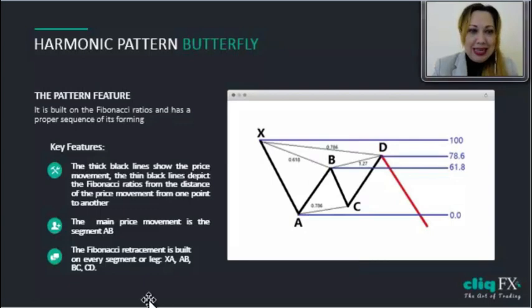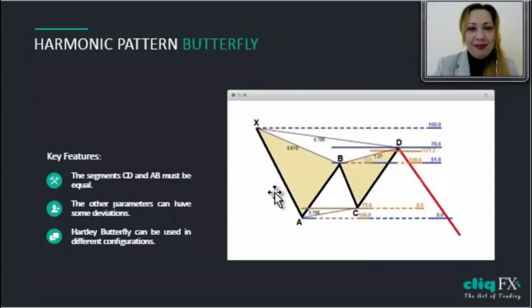Now the important details. The key point of the pattern formation is the equality of the segments AB and CD. It's very important exactly in this pattern. The rest of the parameters can have some deviations, variations. For example, the correction AB can reach only 50%, not 61.8 as was mentioned before.